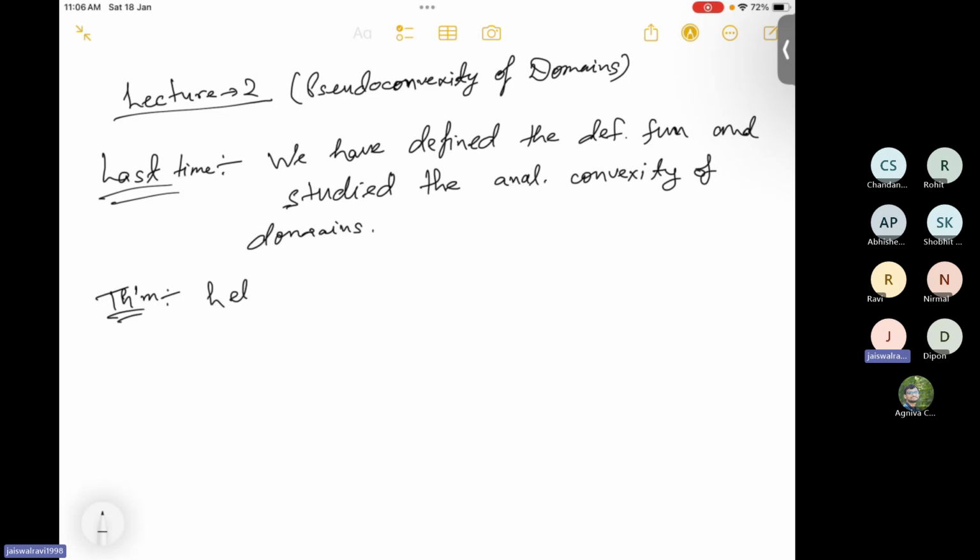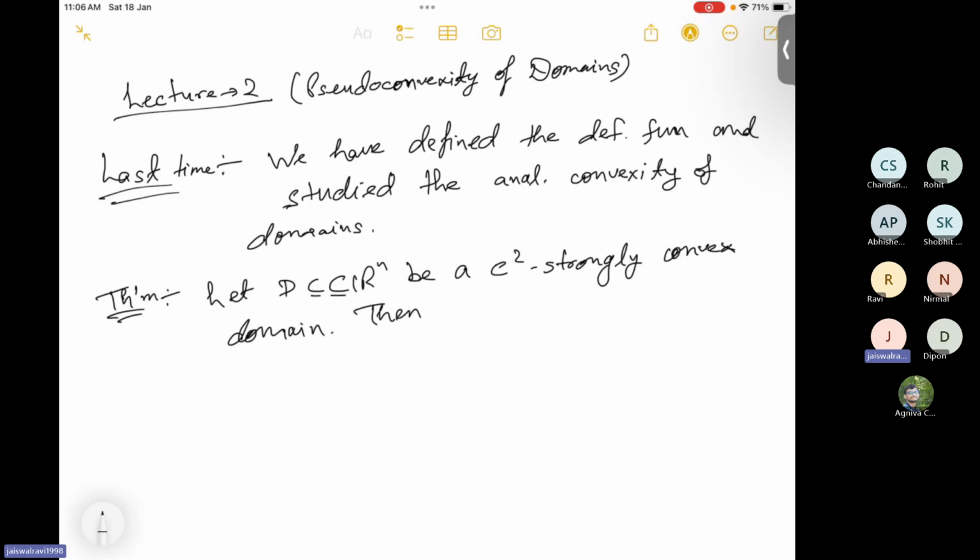So, let D be a bounded, compactly contained domain in Rn, and basically we have a C2 strongly convex domain in Rn.